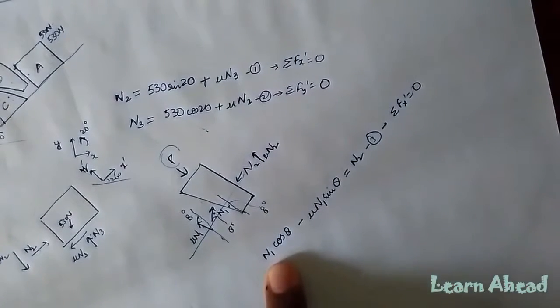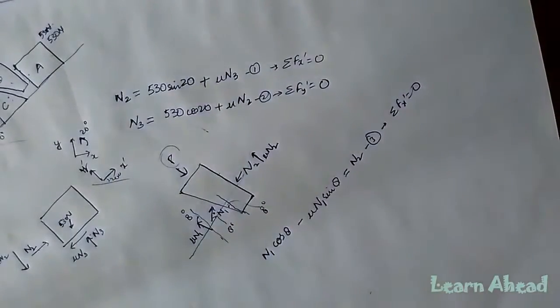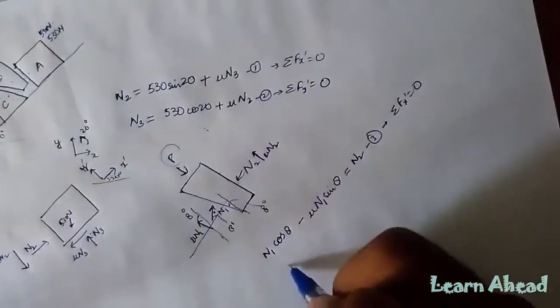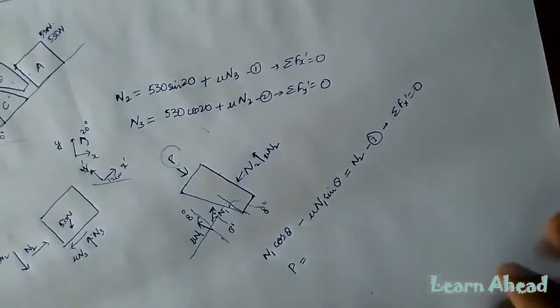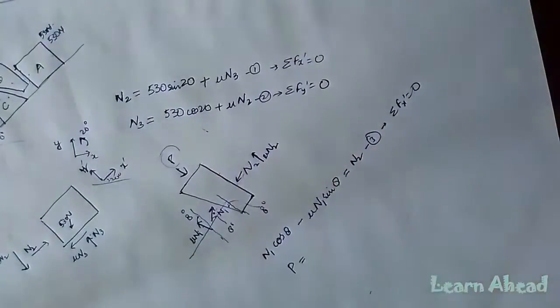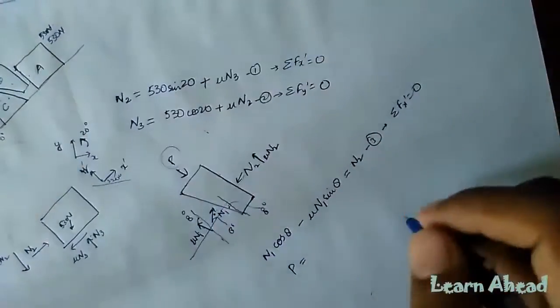So let me see what I have to do again. I have to apply equilibrium along the y dash axis. So let's do it. The P force is the force which is pulling the whole system down, and these three forces are applying a force along the positive y dash axis.